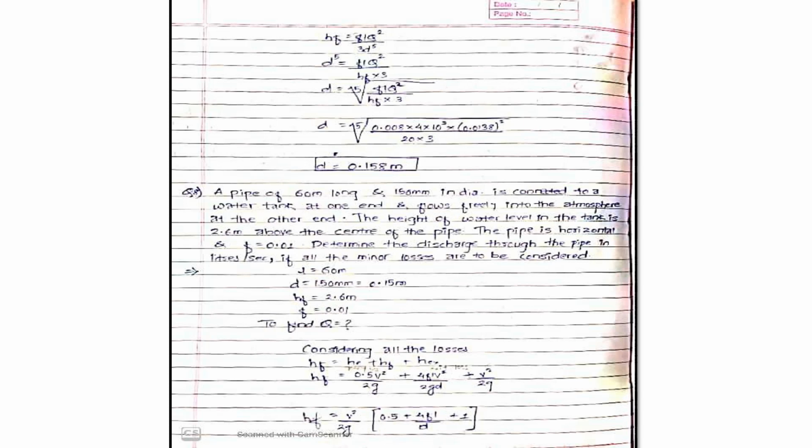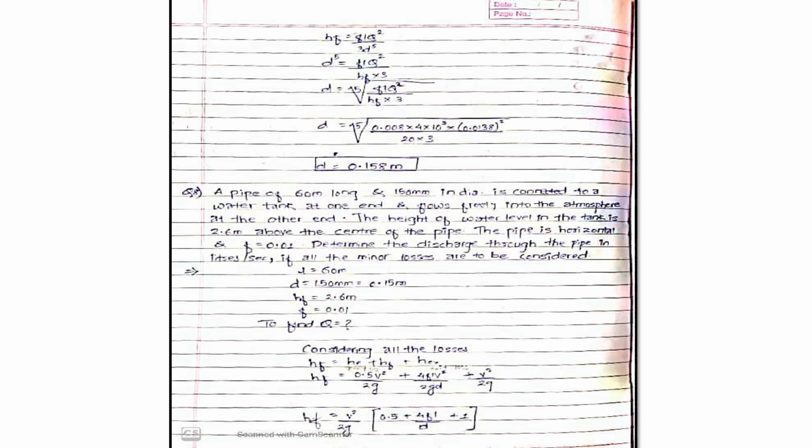So considering all the losses, what we can write here is H is equal to HF plus loss at the entry, loss at the exit, and loss at the bend. It is given as H is equal to 0.5 V square by 2G plus 4FL V square by 2GD plus V square by 2G.